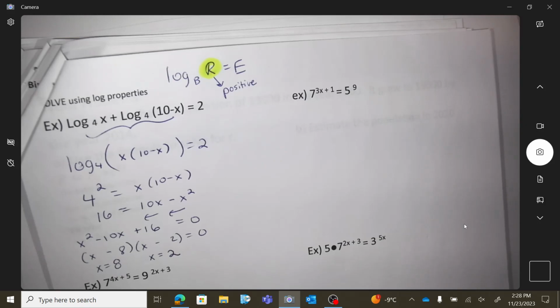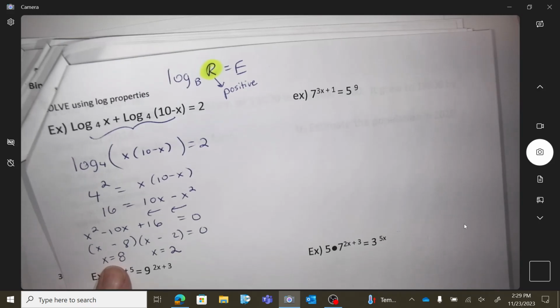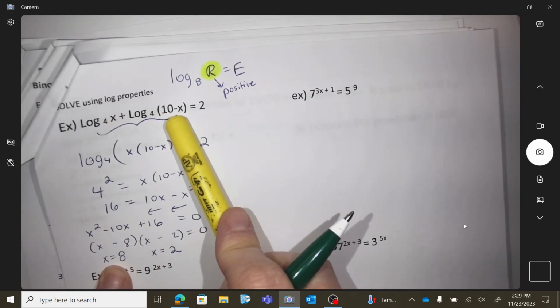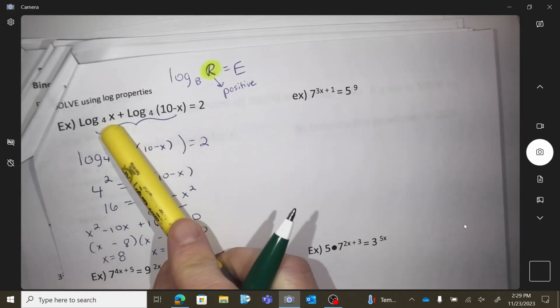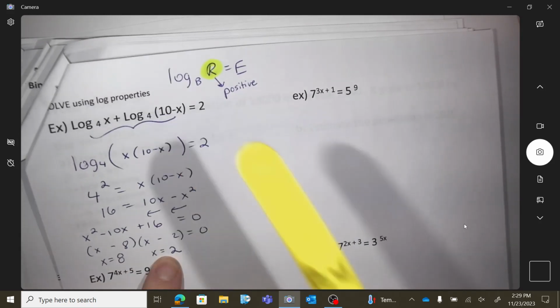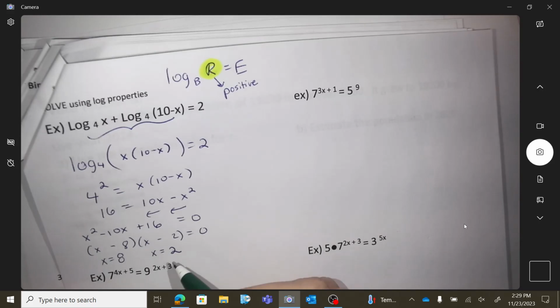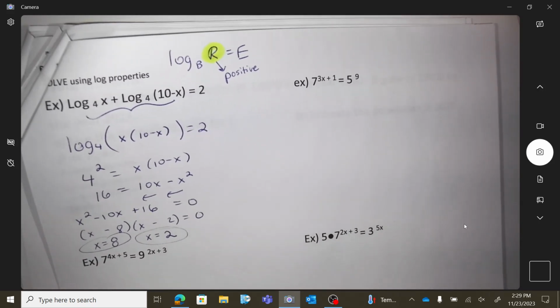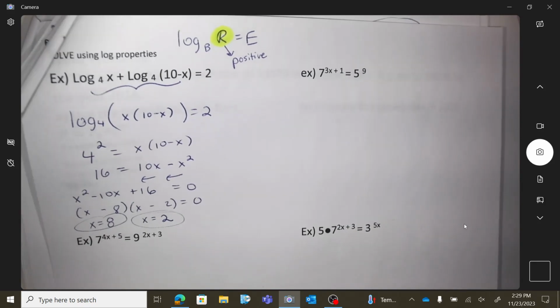Okay, because if you take a base to any exponent, it will be positive because we're not dealing with negative bases. Okay, so let's just check. If you were to plug in 8 there, 10 minus 8, that's good. That's positive. 2, 10 minus 2, that's good. That's fine. We can leave it. Otherwise, sometimes you will have to cross those out if they don't work.